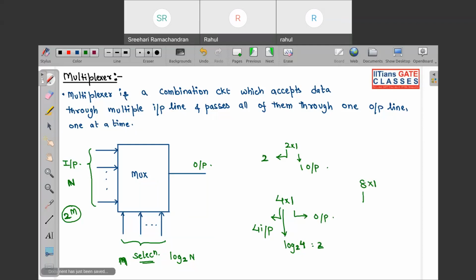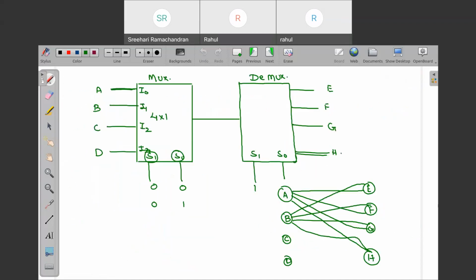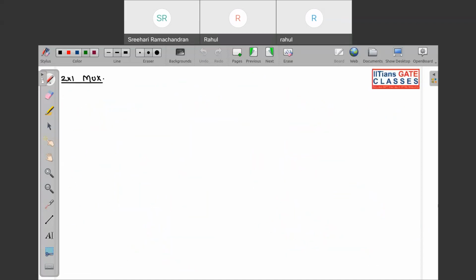In 8 cross 1 we have 8 inputs and log 8 base 2, which is 3, so we have 3 selection lines. Like this, we have different multiplexers according to the number of inputs. Now let us see one by one how the 2 cross 1, 4 cross 1, and 8 cross 1 muxes work.